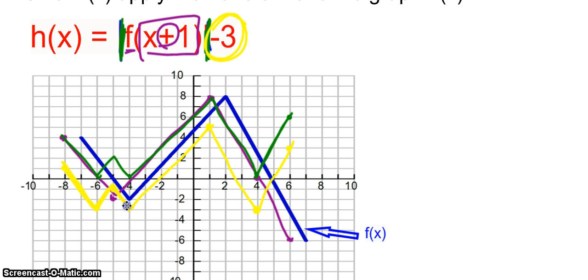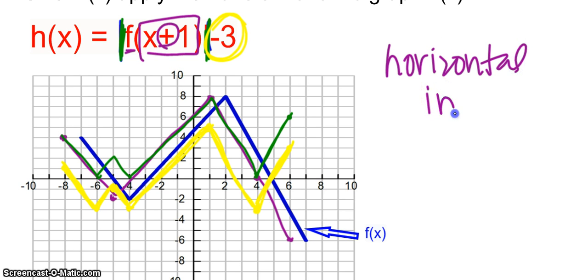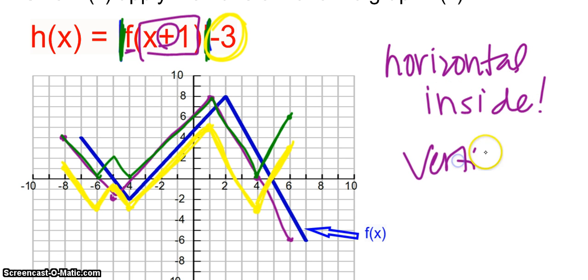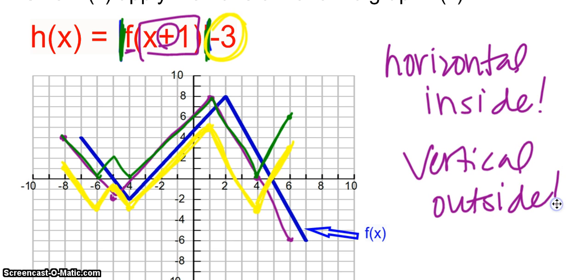If you think about the yellow in relation to the blue, we have not changed the shape at all. We've just moved it around the graph to create this new picture. So horizontal changes happen inside the function. Vertical changes happen outside because they are after you've found a y value.